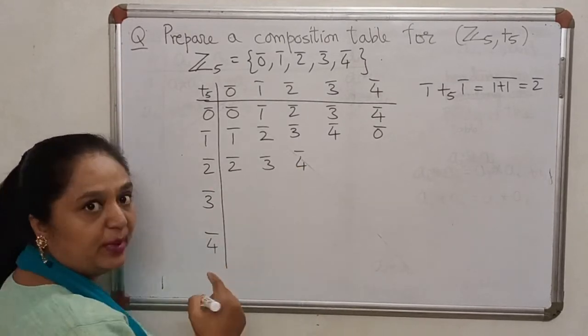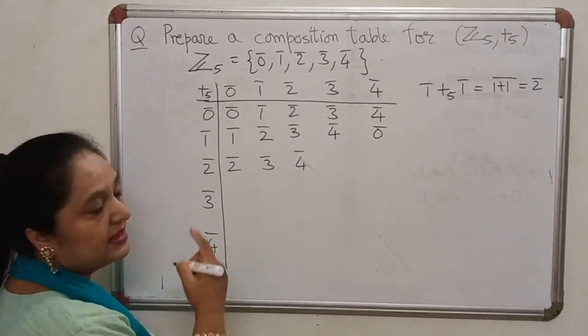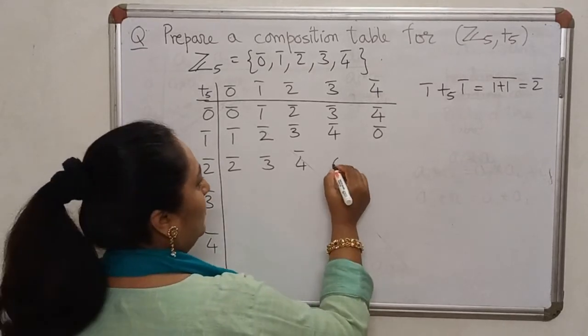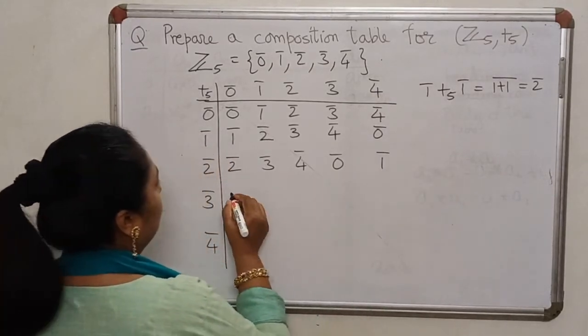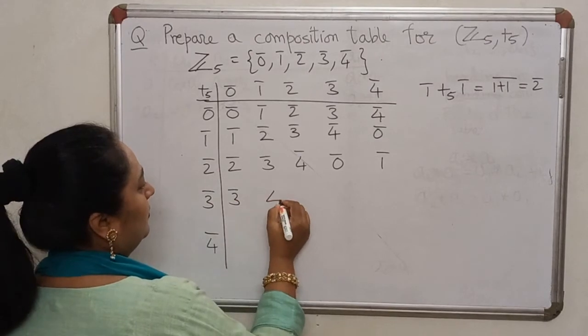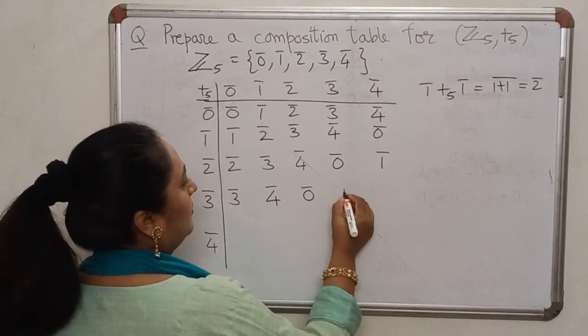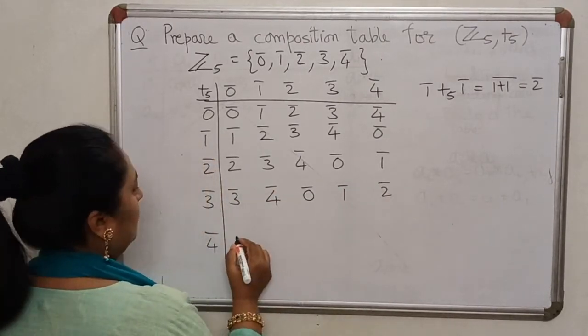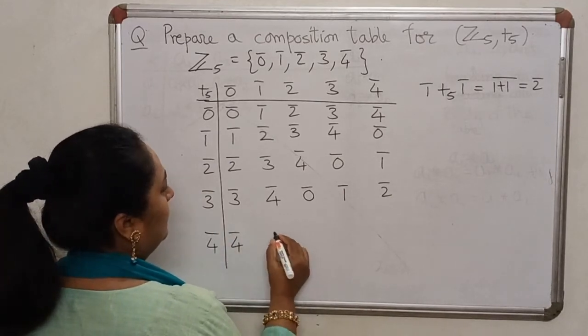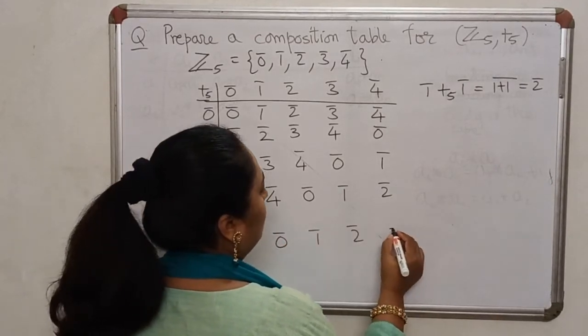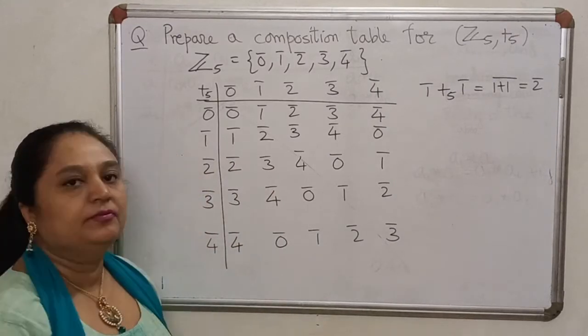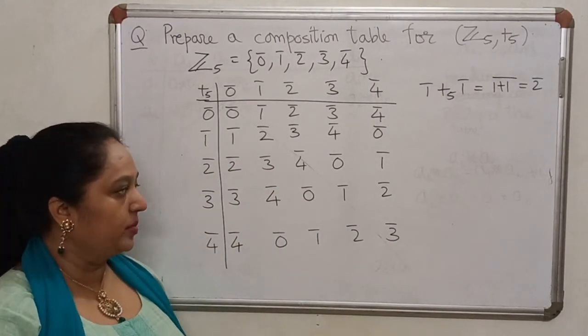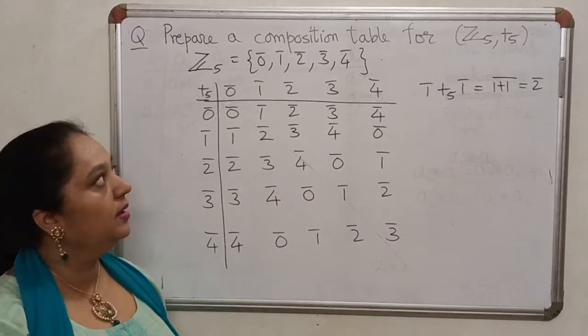Remember 2 plus 3 will become 5 bar, and in Z5, 5 bar is the same as 0 bar. So I hope this is the composition table that you also got.